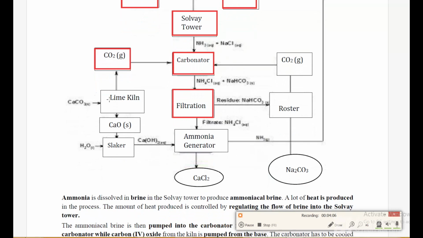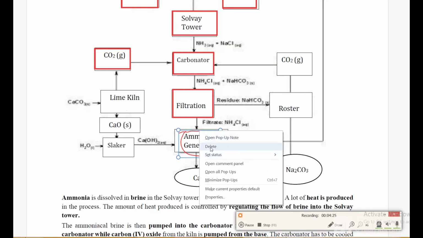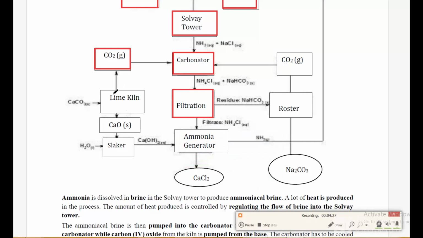The next thing ni tunataka kujua, so now ammonium chloride inaenter the generator here. Ikisha enter hapa inakutana na nini? Before tuende kwa generator, wacha turudi back kwa what happened in the kiln.